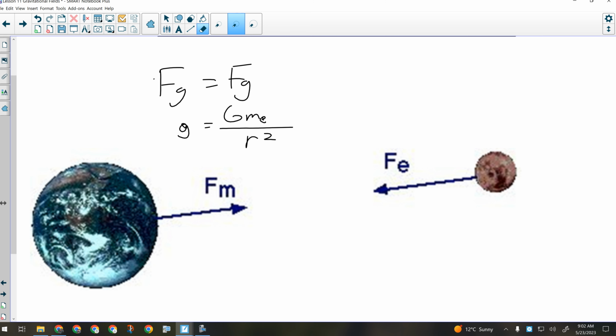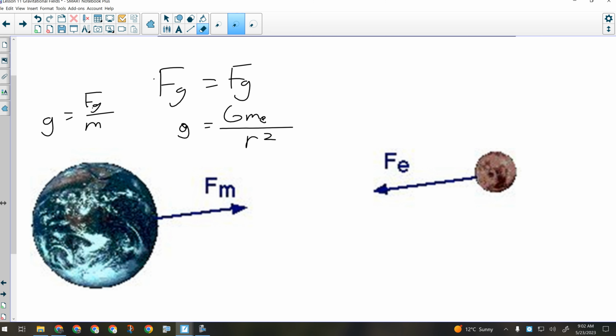There's your formula for gravitational field strength. We can certainly do this and say, yep, Fg over m, but that's what we just did. We manipulated this and brought m over, and m canceled. So if I want to calculate the acceleration due to gravity, or gravitational field strength, at any location due to a certain object, I can find that with that formula.